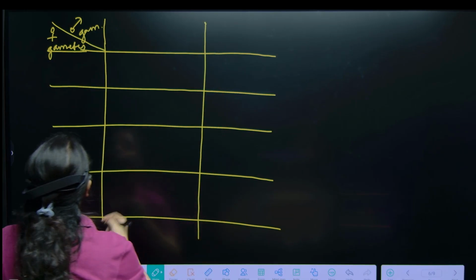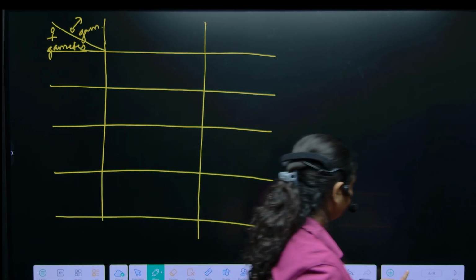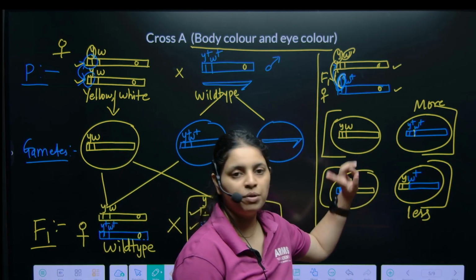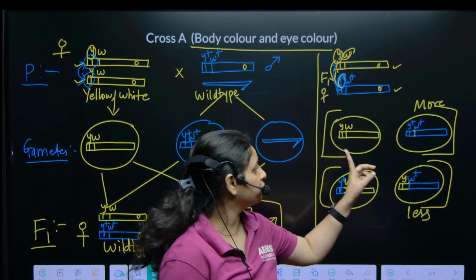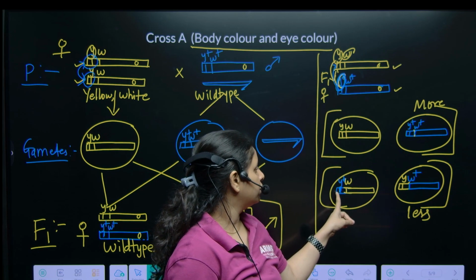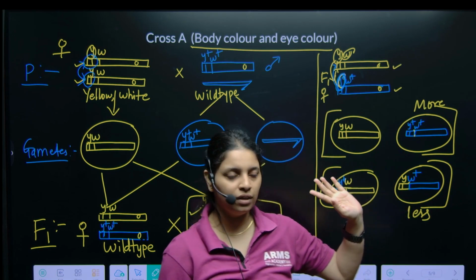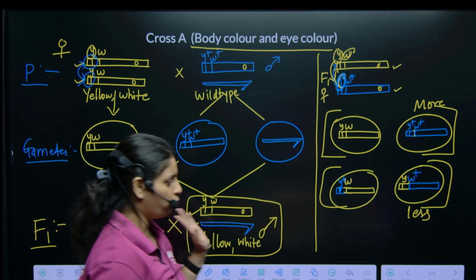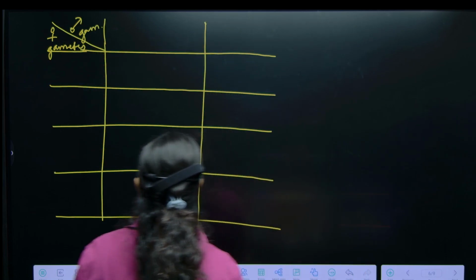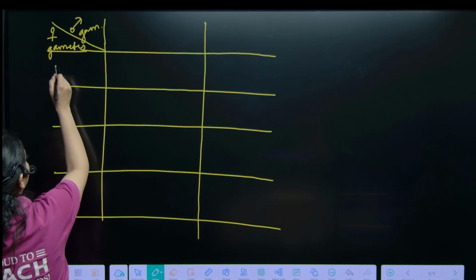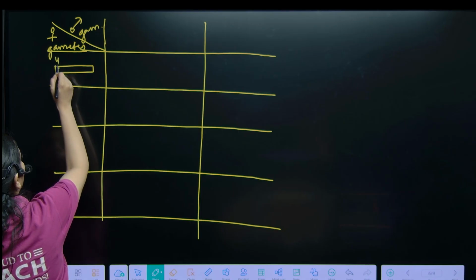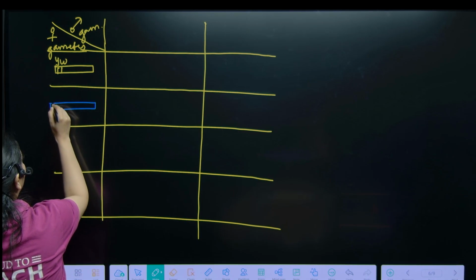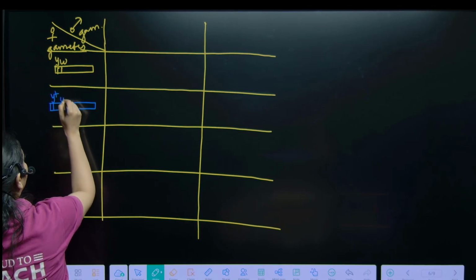Okay. So what are the female gametes? See here, these 4, right? These are the female gametes. Full yellow, remember with color. Full yellow, full blue. We have some blue, then yellow, and then yellow, blue. Okay. And for male, we have these two types of gametes, full yellow and then the Y chromosome. So let's write it. Female gamete, full yellow, Y, W. Then we have full blue, Y plus, W plus.